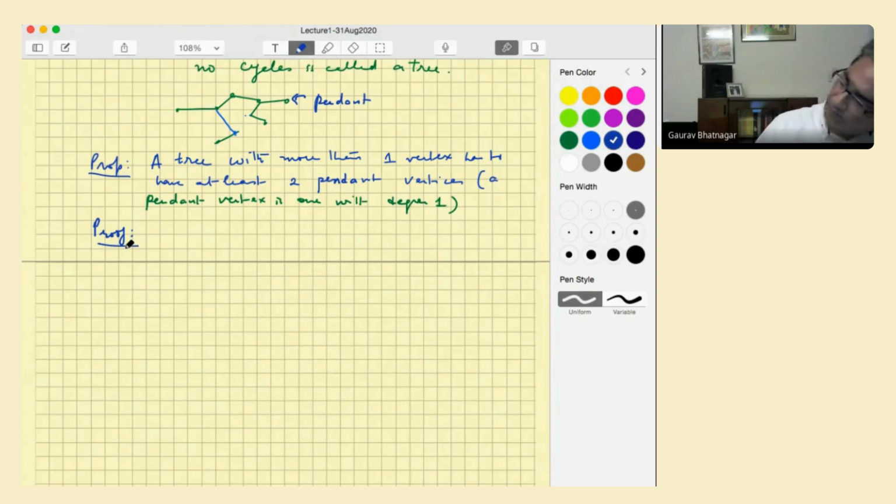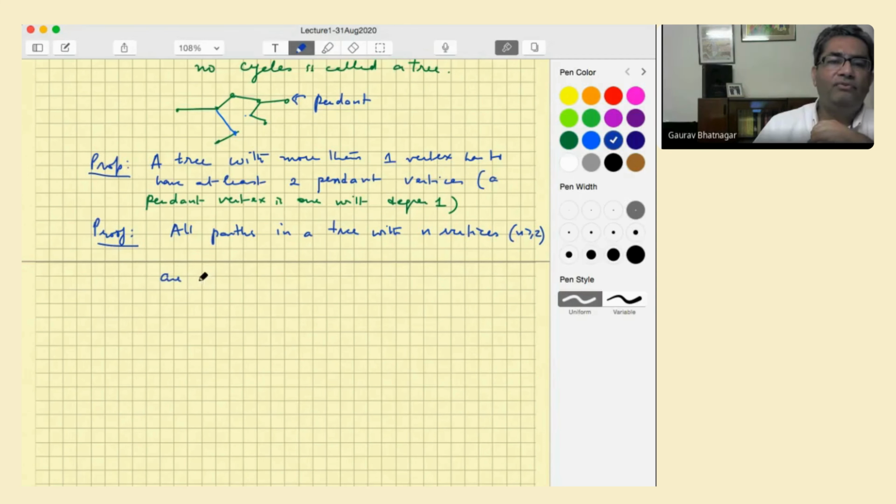Okay, and the proof is: all paths in a tree with n vertices, and we are taking n greater than or equal to 2, are of length less than or equal to n, right? So let v1, v2, and so on up till vk be the longest path in the tree.